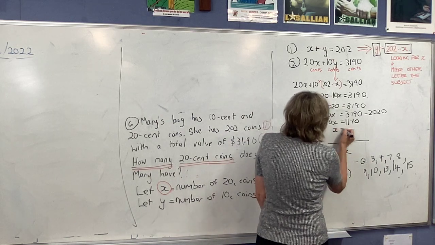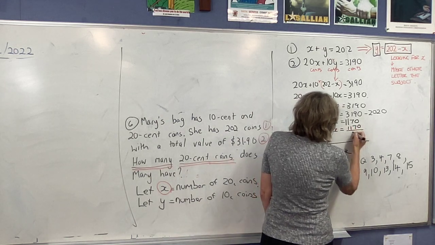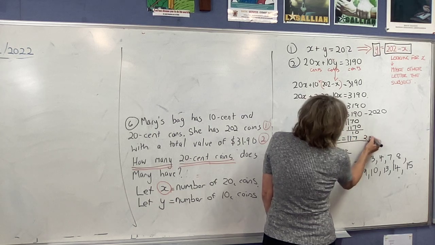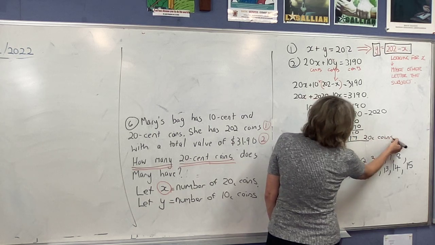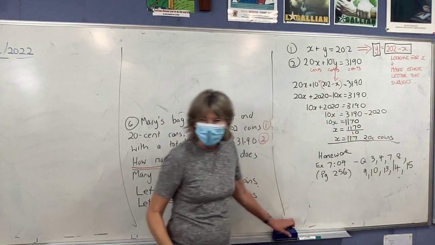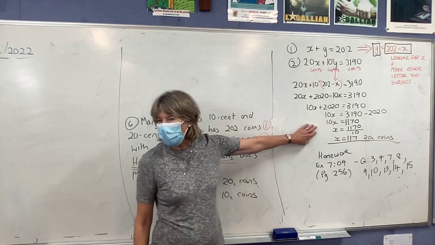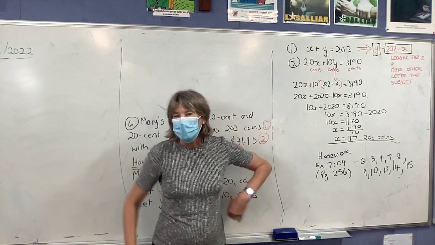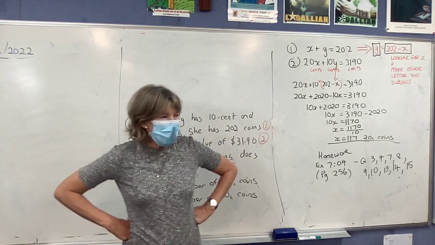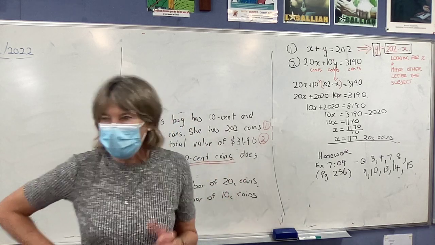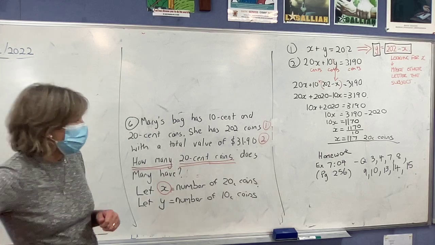Okay, keep going. 117 20-cent coins. So you would kind of know if you were going a little bit wrong on this. If you ended up with a number that said you had 105 and a half coins, there'd be something wrong. It's got to end up a whole number because we're talking about numbers of coins. That has to be a whole number.